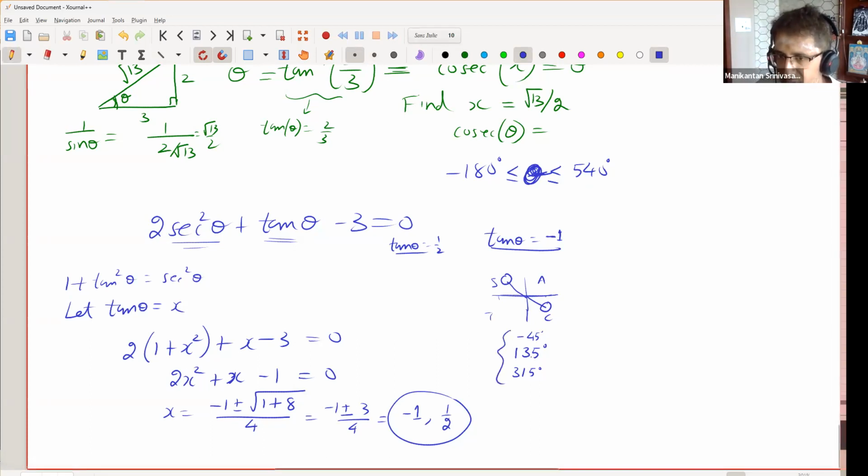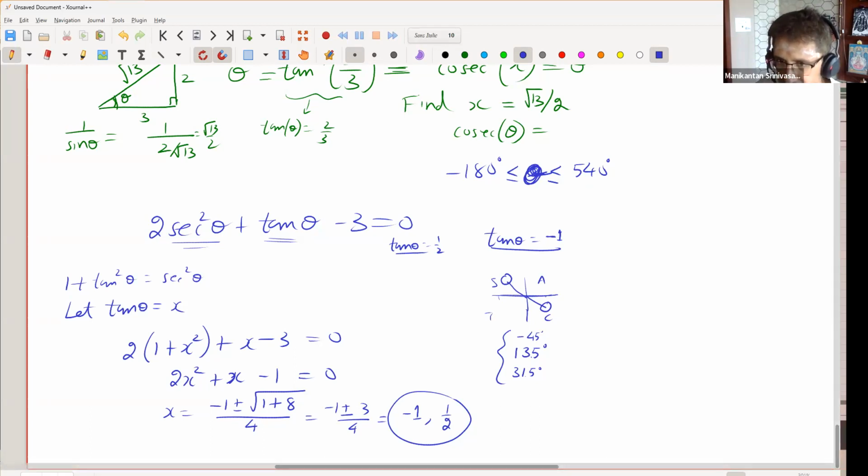In the positive direction I have 135, then 315, and after 360 I come back to another 135, which is 495, I believe. And that's it. 540 minus 45 is 495, yes. So depending on the domain of values you want to cover, minus 180 to 540, you can figure out the angles where tan theta is minus 1.